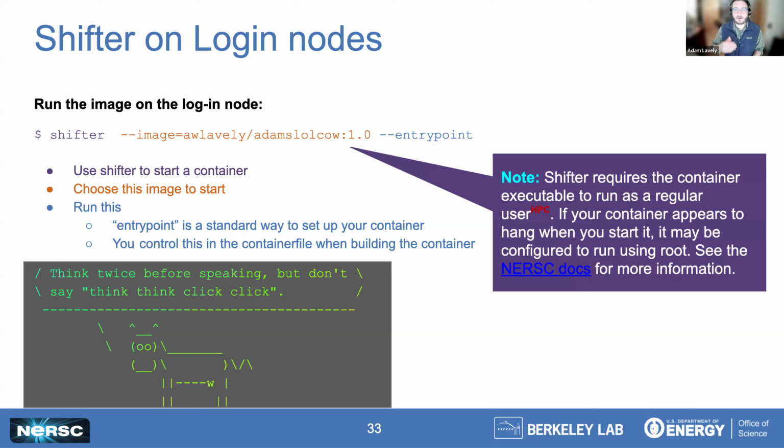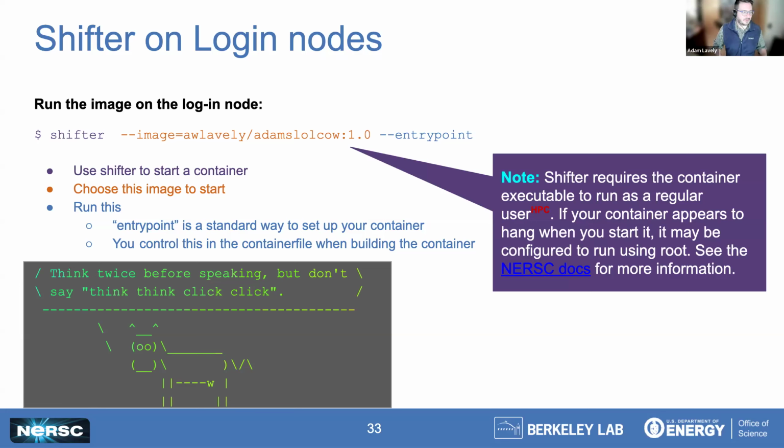But there are some different things to know, right? First of all, our Shifter container here is a little bit different from Podman because Shifter requires you to run it as you, an individual user. Podman HPC is slightly different, and so that's why we can actually build containers on Perlmutter. But if your container is not configured in a way that allows a regular user to do whatever you're trying to do, then it might hang.